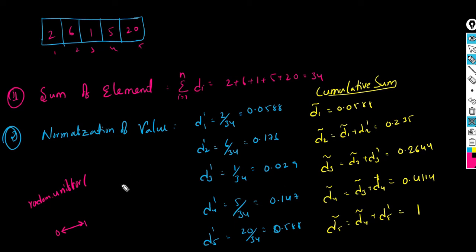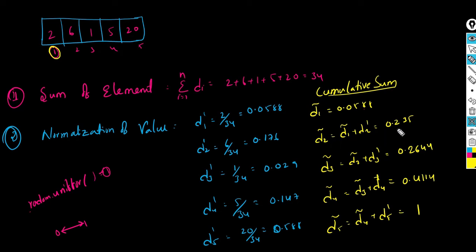Now, if we call this rand uniform function, we pick a point from this list. Every time we call it, if the value is less than 0.05, we pick the value located at index 1.